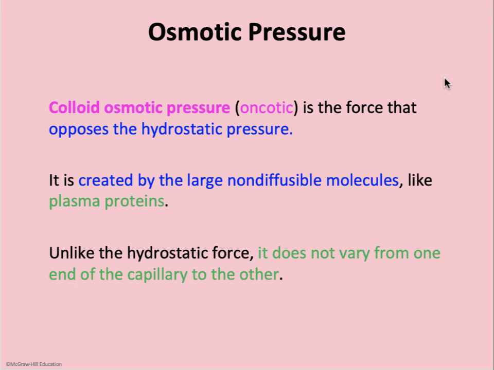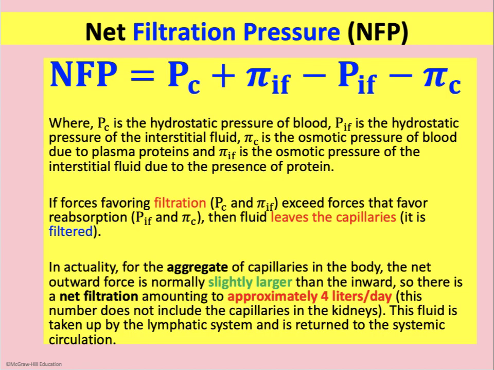This pressure is more or less constant. It doesn't matter where you are within that capillary. In order to calculate the overall effect, which is known as the net filtration pressure, NFP, we have to marry all the components arithmetically together. So PC is the blood pressure, the hydrostatic pressure.